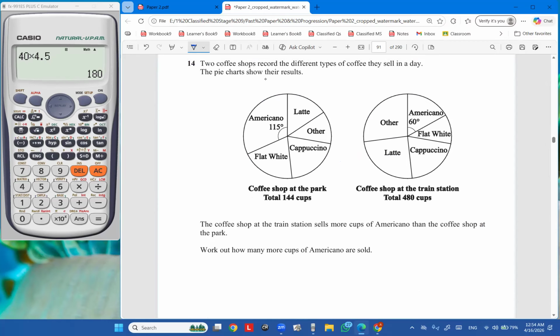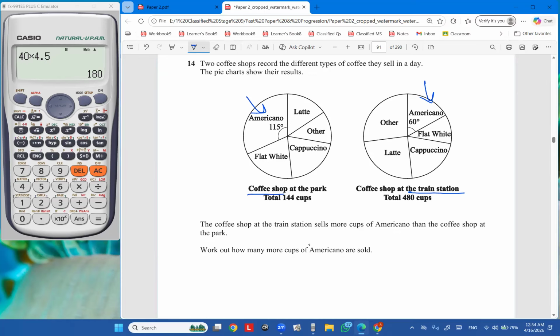Two coffee shops recorded the different types of coffee they sell in a day. The pie charts show their results. The coffee shop at the train station sells more cups of Americano than the coffee shop.